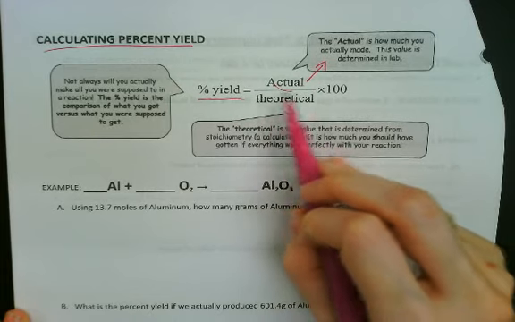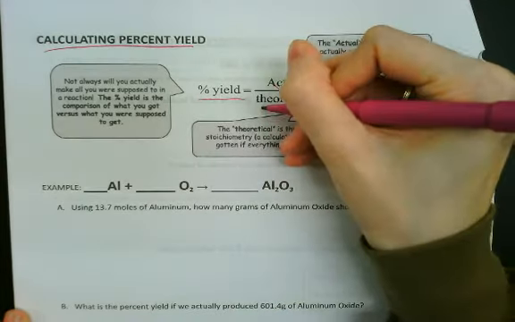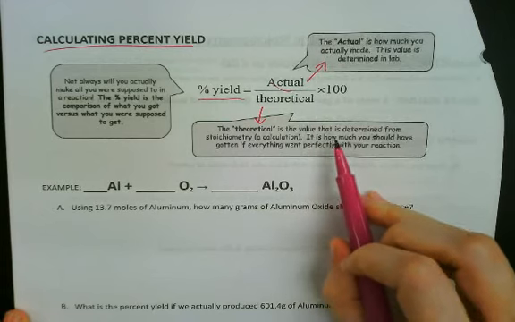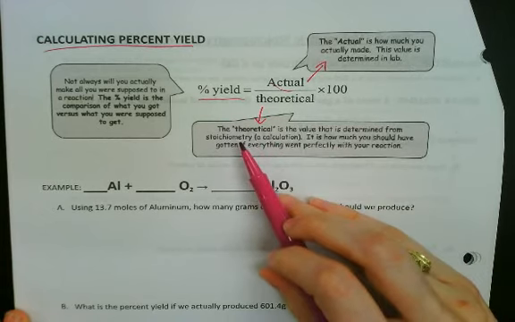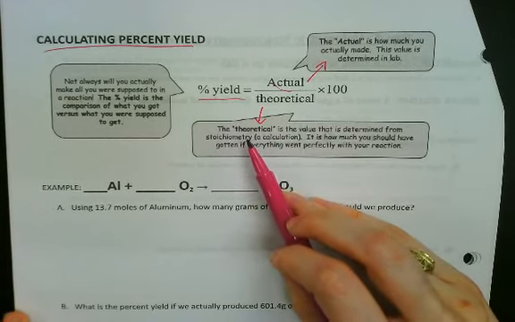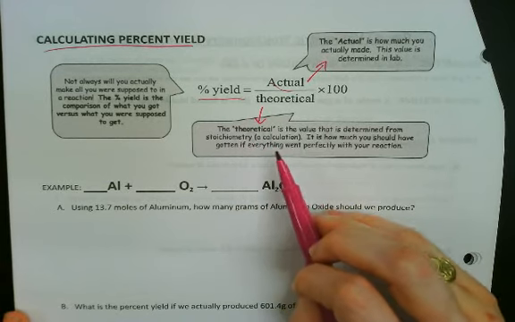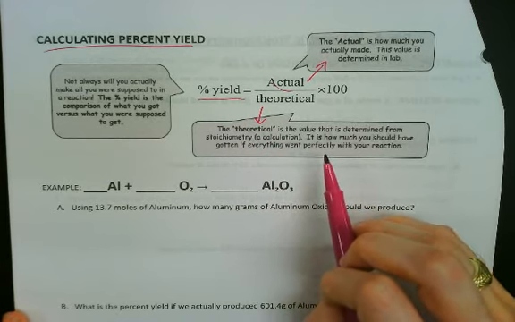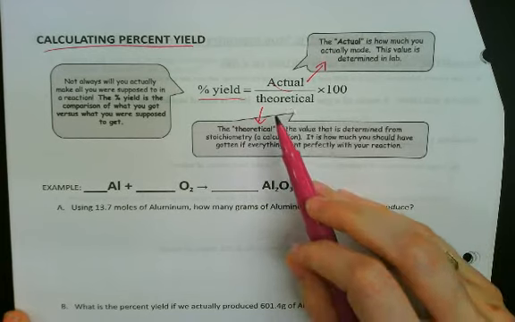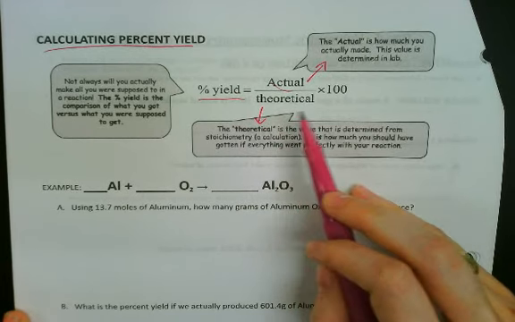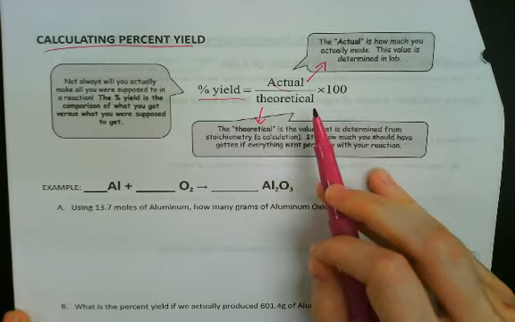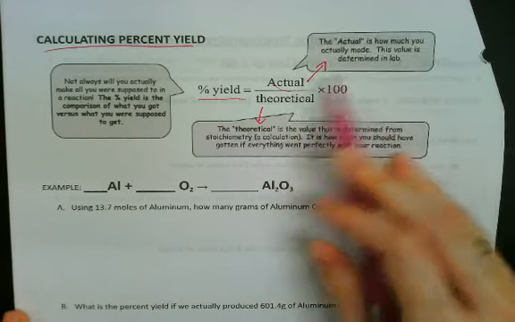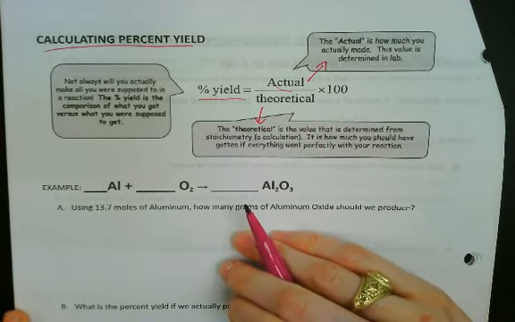On the bottom, we have the theoretical amount. The theoretical is the value that you get from your stoichiometry calculations. So when you're doing your dimensional analysis, when you calculate how much you should actually get, if everything went perfectly, that is your theoretical. So you're going to get this theoretical from doing your calculations. The actual, we would give this to you in your word problem.